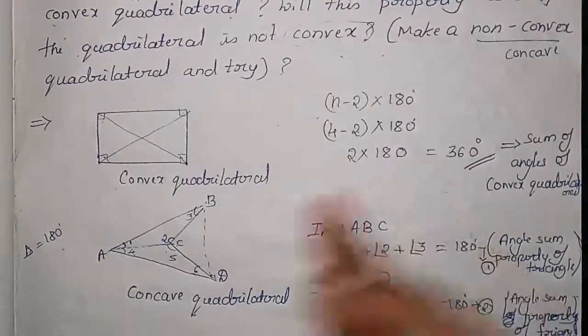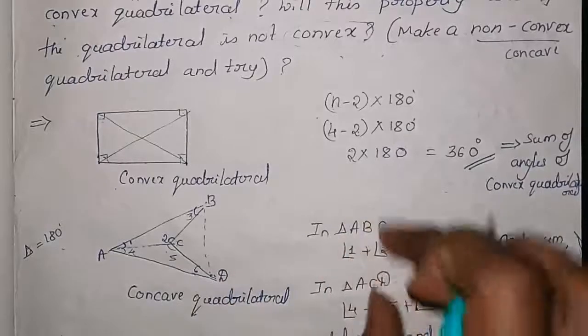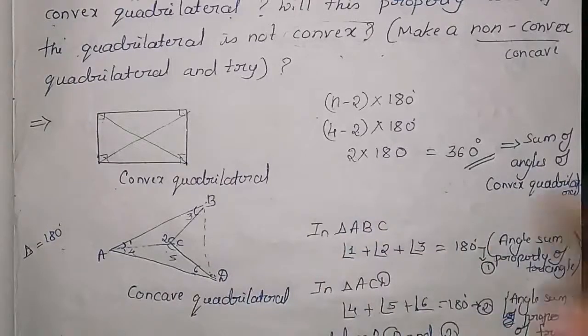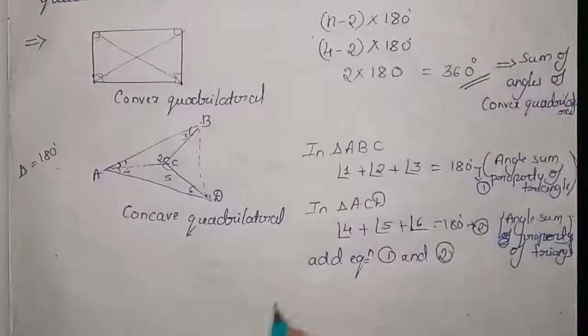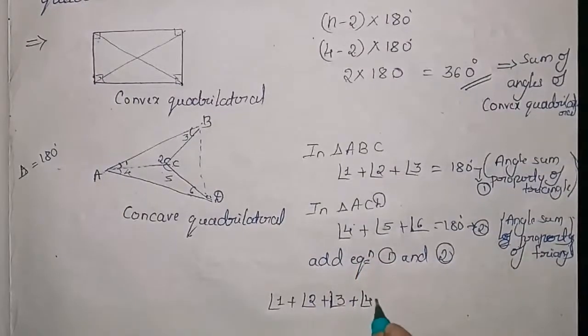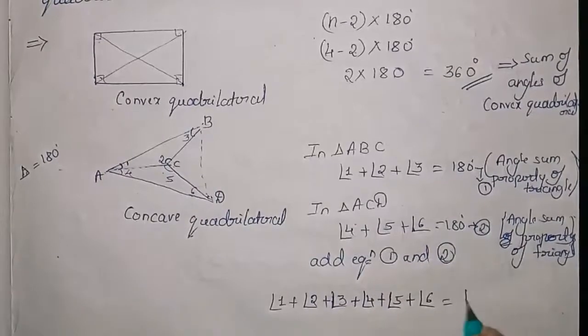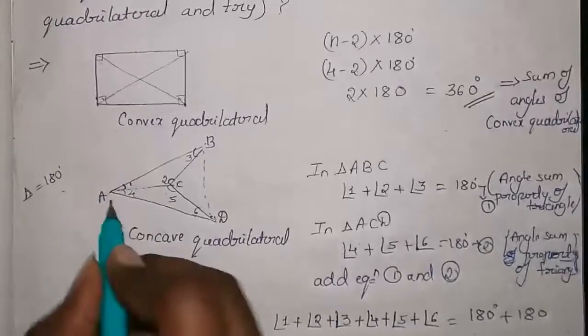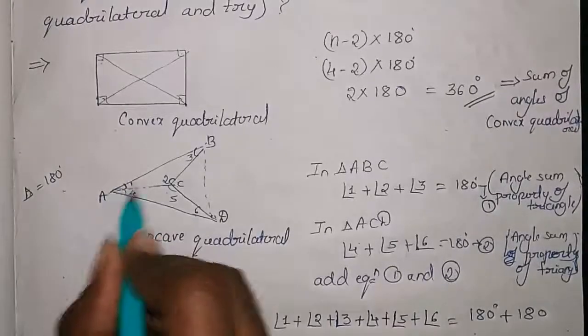When you are adding, whatever is on the LHS you add together, and the RHS you add to the RHS side. So you can observe angle 1 plus angle 2 plus angle 3 plus angle 4 plus angle 5 plus angle 6 is equal to 180 degrees plus 180 degrees. Now observe angle A overall.